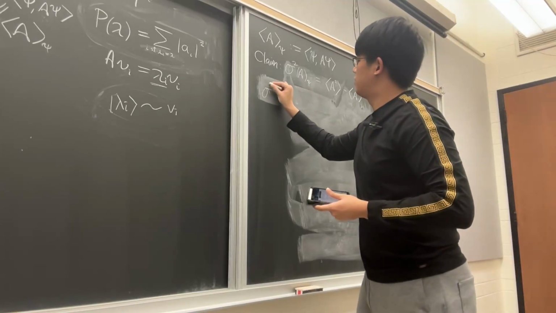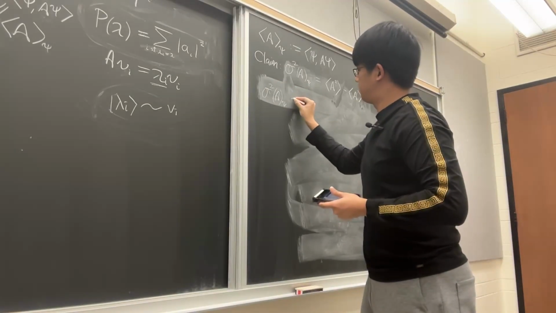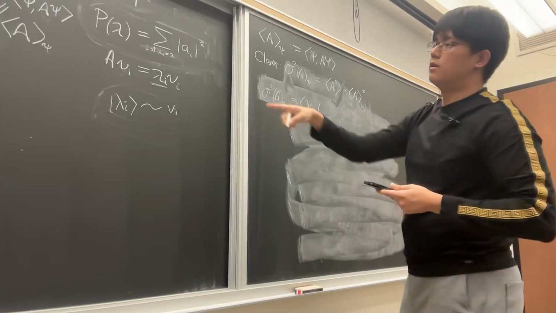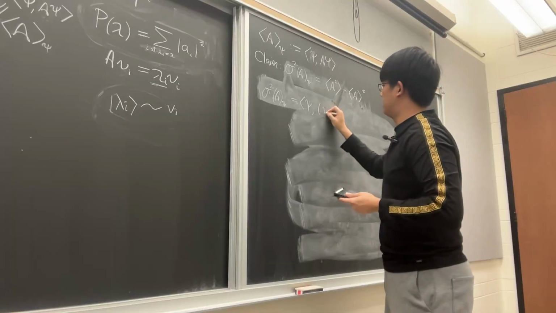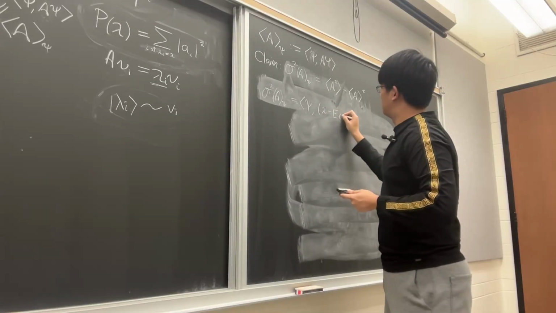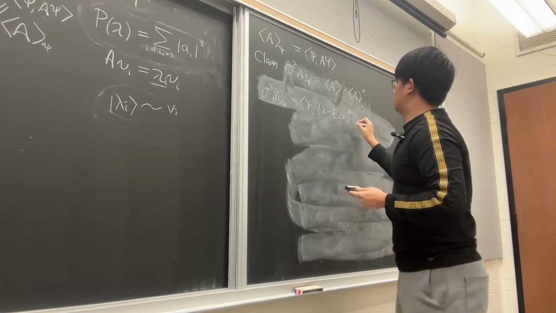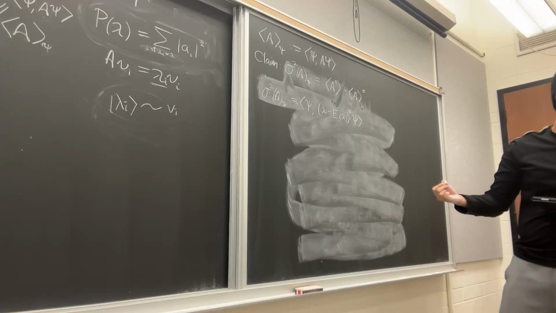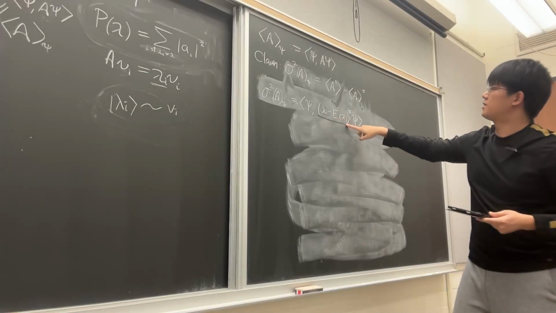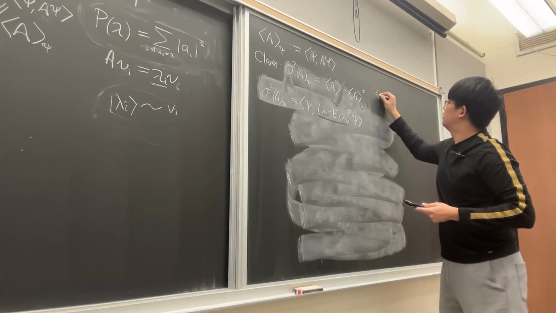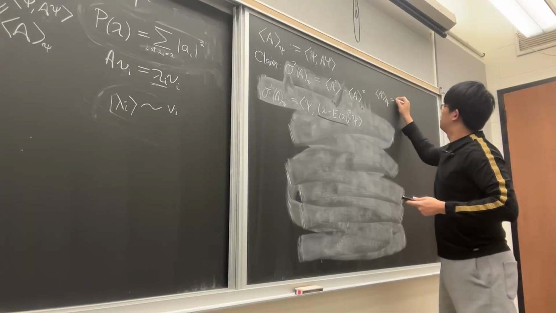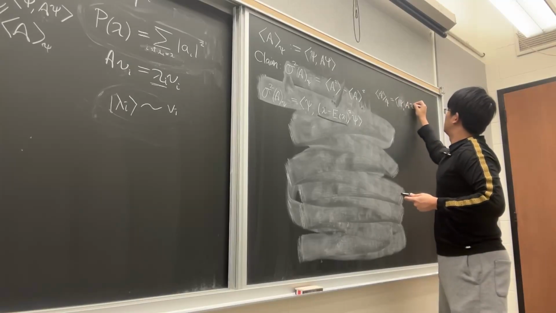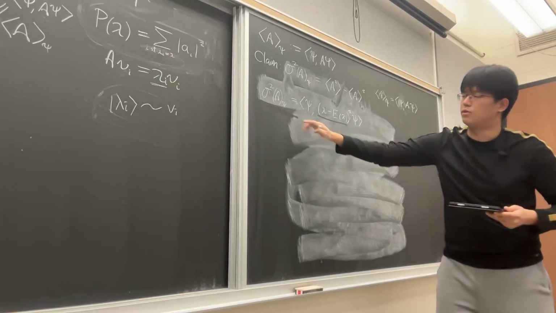So we have standard deviation squared of A in state psi is equal to psi. I should put this in another color, but let's just write it like this for now. So note that this was equal to E of something.